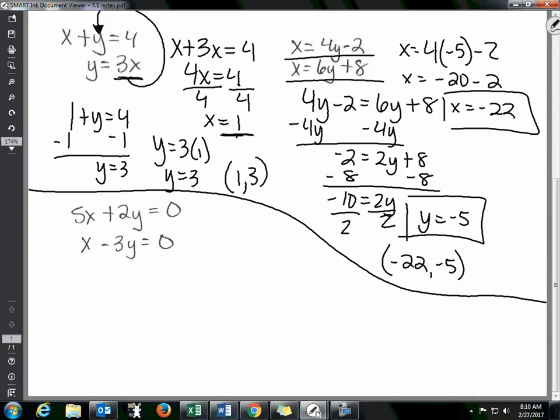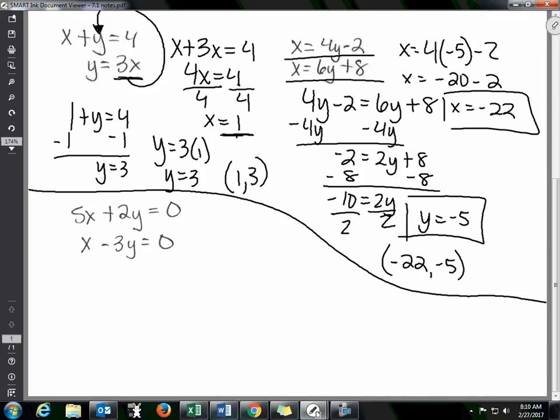Now, I could solve for either x or y, but one variable might be a little bit easier to solve for than the other. If you take a look at it, solving for x will be a lot easier because there's no coefficient in front of x. It's an understood 1, right? So all we'd have to get rid of is this negative 3y.